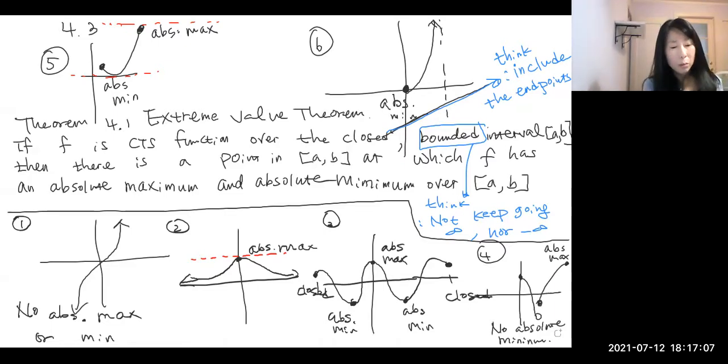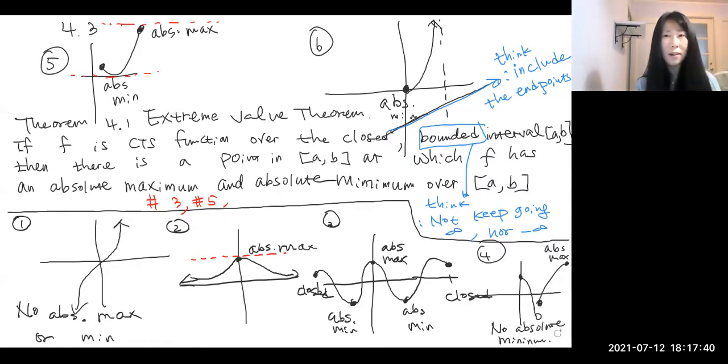Which number can we apply the extreme value theorem to? Number 5, yes. And number 4? Number 4 is, look, that's not continuous. So only number 3 and number 5, yes. And that's it, right?